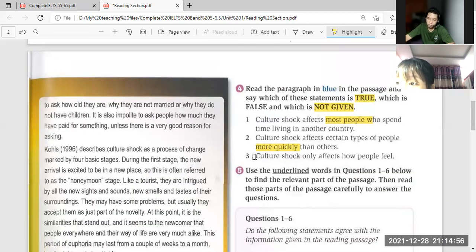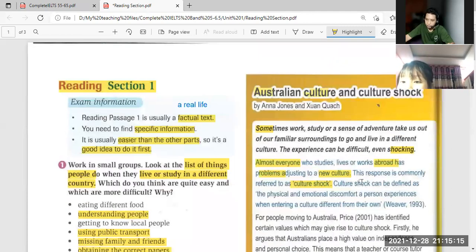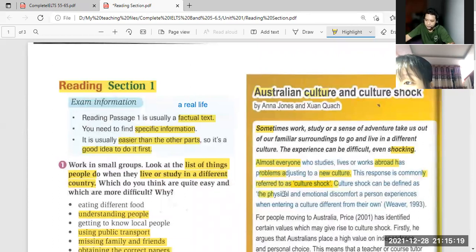Now, can you read number 3? Culture shock only affects how people feel. Do you know feel? Feeling? Yeah. Let's see in here. Culture shock can be defined as the physical and emotional discomfort a person experiences when entering a culture different from their own.